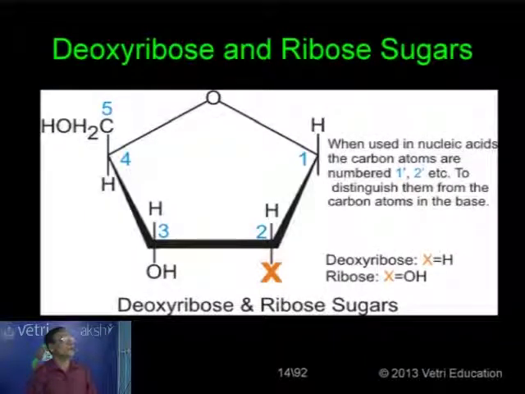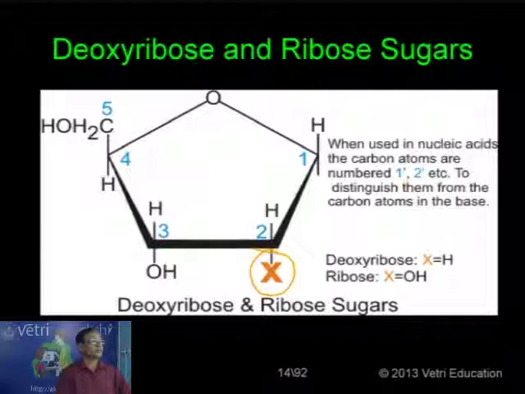Now this is the pentose sugar, the ribose sugar and deoxyribose sugar, the most important components of nucleic acid. Structurally there is only one difference. In the case of ribose sugar, we have the hydroxyl group attached to the second carbon. So number 1, 2, 3, 4, 5, a 5 carbon compound.